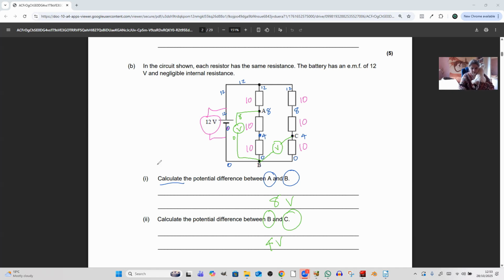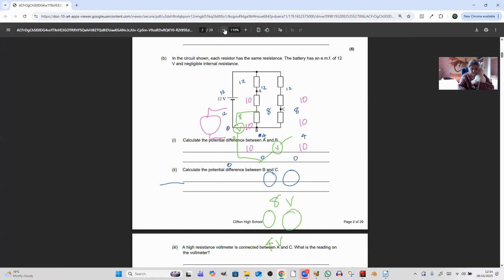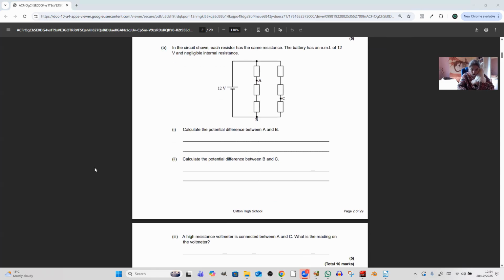Can I reduce this line? Oh, I've got to get rid of all my drawings if I do that. Clear all my drawings. Right, it says a high resistance voltmeter, that's an ideal one, is connected between A and C. What is the reading on the voltmeter?